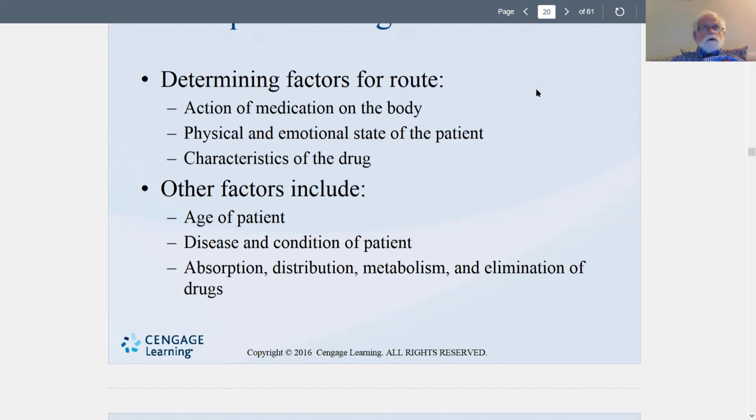Other drugs that we take by specific routes. A good one would be nitroglycerin for angina. Angina is a heart condition where the blood flow through coronary arteries is restricted, but not necessarily blocked. But the restricted blood flow is extremely painful. There are several different levels of angina.